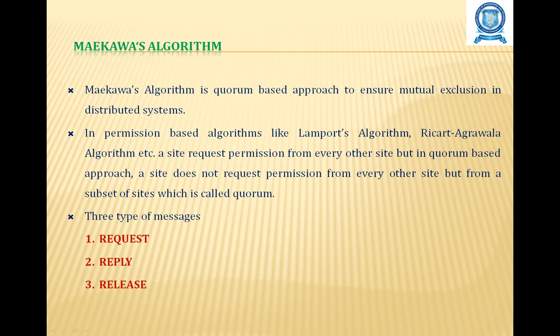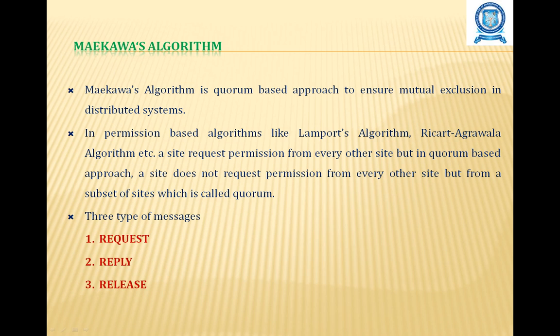Here we are using three types of messages, that is request, reply and release. The first message is the request message, that is, a site sends a request message to all the other sites in its request set or quorum to get their permission to enter the critical section.